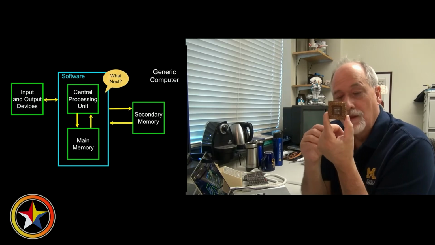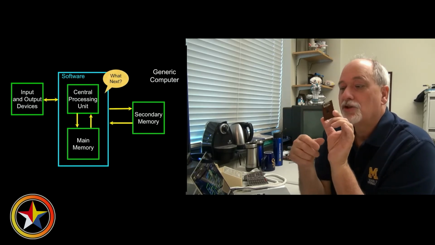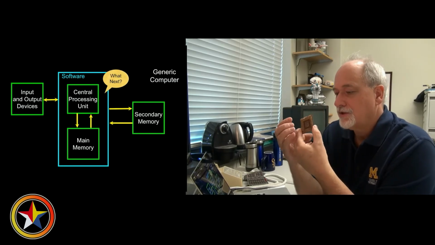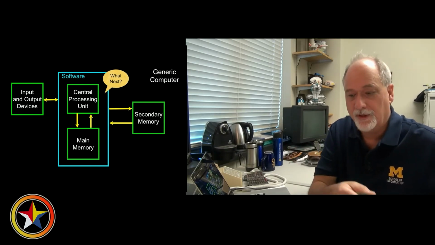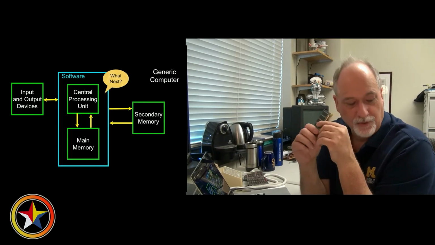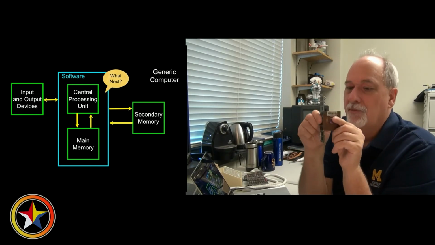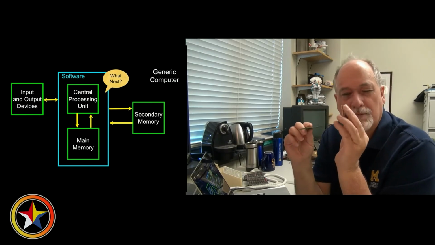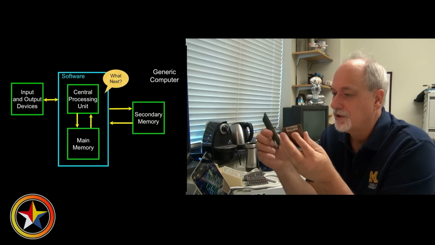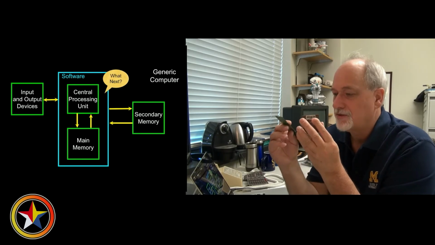Now, we can't sit there and talk to it, and so the instructions we store in what's called the main memory. And this memory is really fast, and the memory sort of feeds this. Every time the CPU needs a new instruction, it asks the memory where that instruction is.